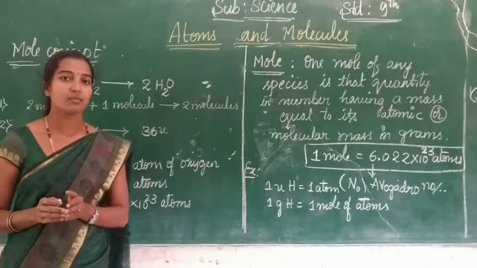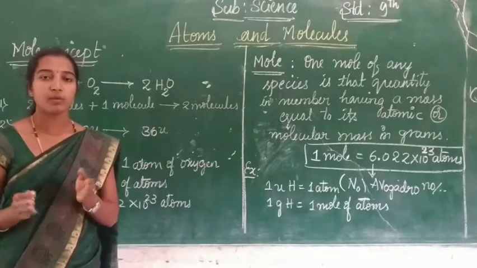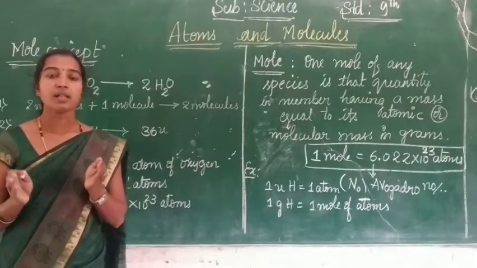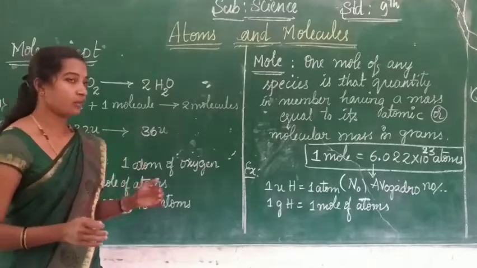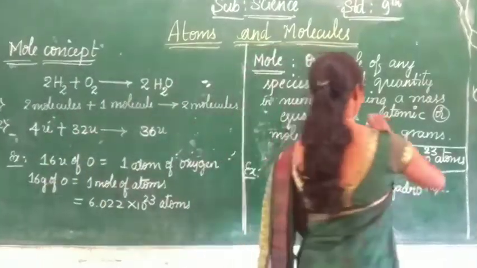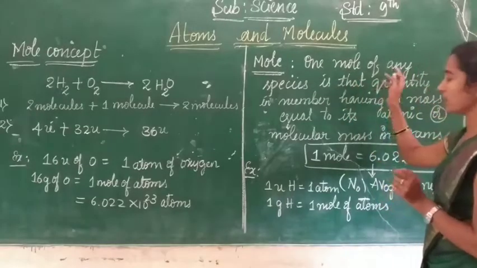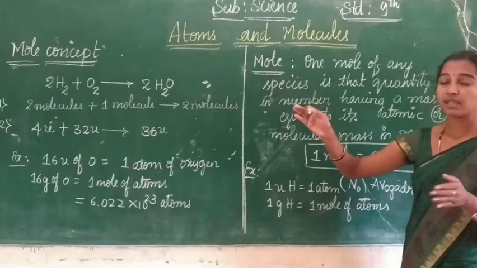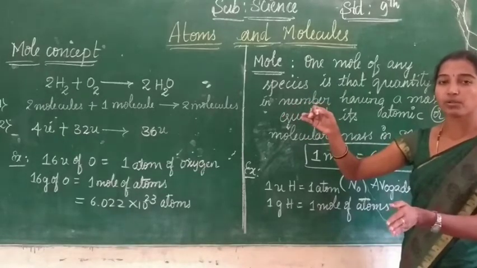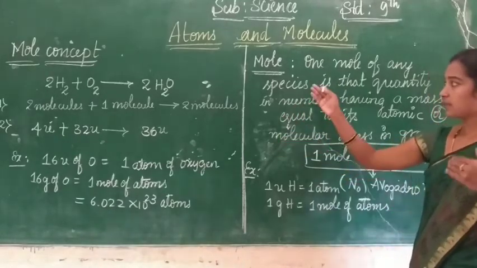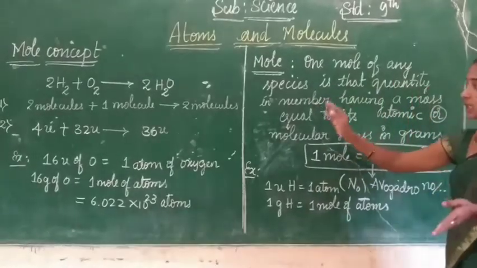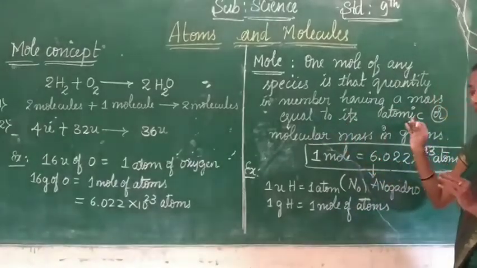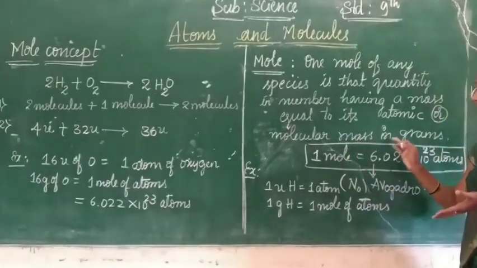Mole is a number. Mole is a unit that represents the number of atoms in a substance. Mole is defined like this: 1 mole of any species. Children, observe, any species means it may be an atom, a molecule or an ion. One mole of a species is the quantity in number having a mass equal to its atomic or molecular mass in grams.